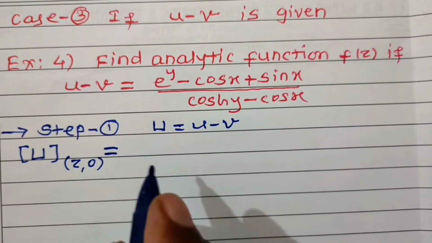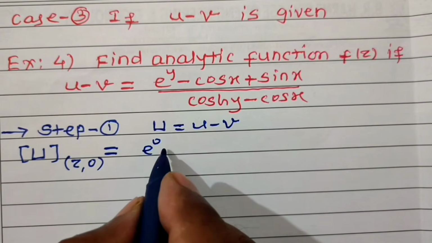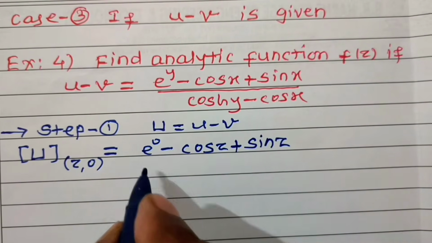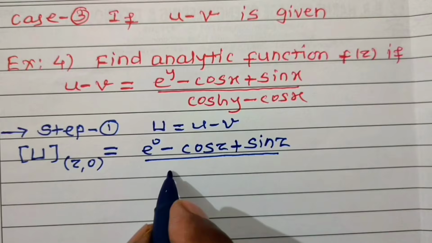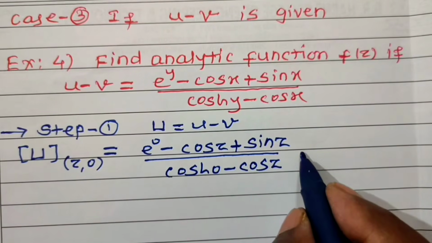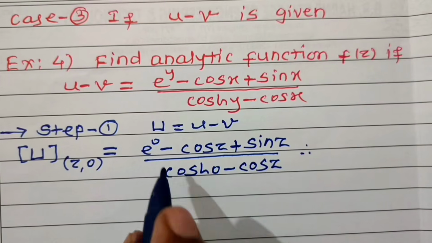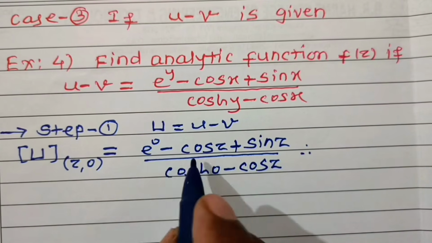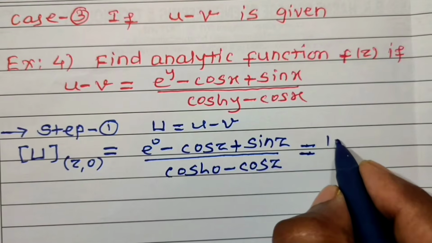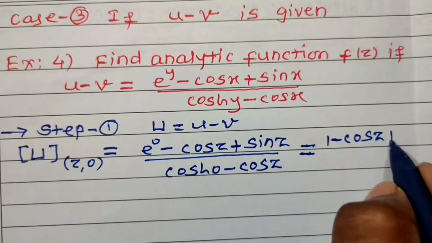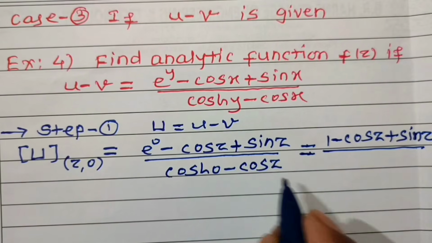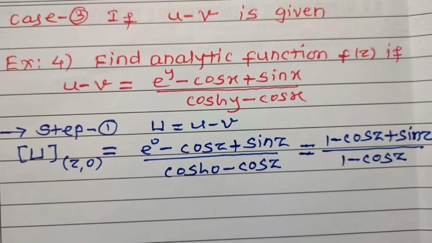This is equal to e to the power 0 minus cos z plus sin z divided by hyperbolic cos 0 minus cos z. But you know hyperbolic cos 0 is 1, e to the power 0 is also 1. So this can be written as 1 minus cos z plus sin z divided by 1 minus cos z. Now we have to simplify this.